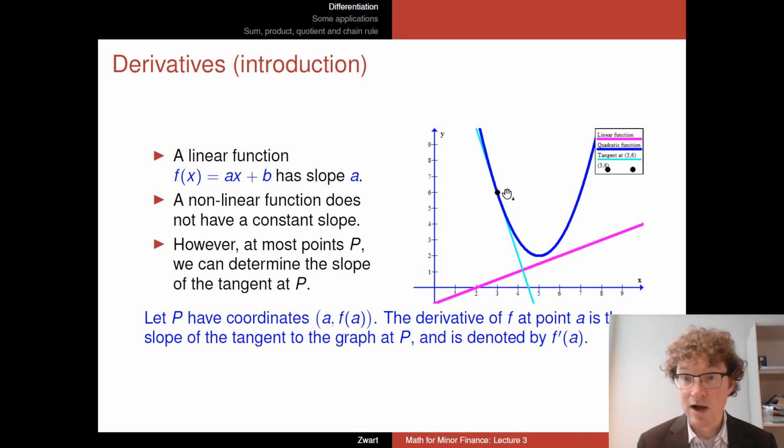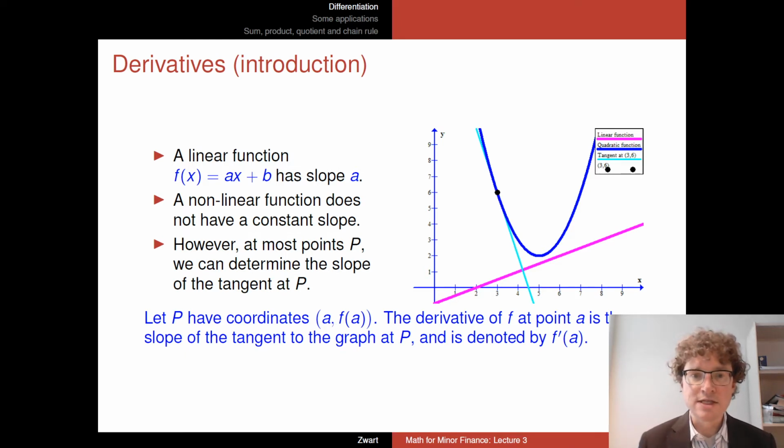Well, that's a straight line. So this light blue line has a certain slope, right? It's a line with a slope. So what we'll do is say that the slope of the parabola at this particular point we'll identify with the slope of the tangent line that's touching the parabola at this point. In this case, that's the light blue line.